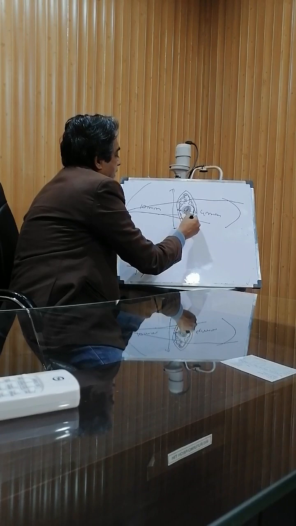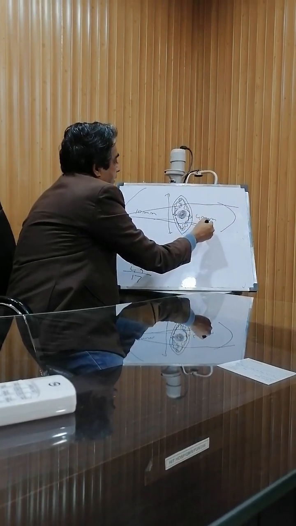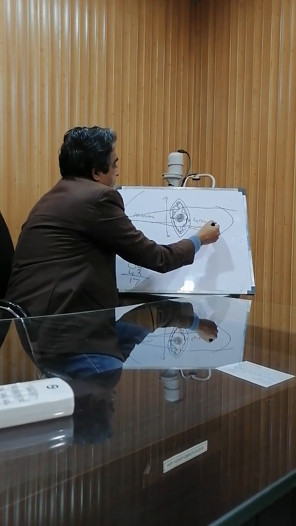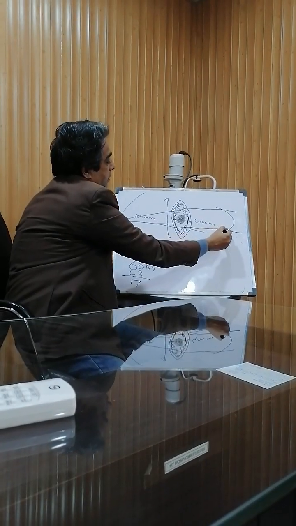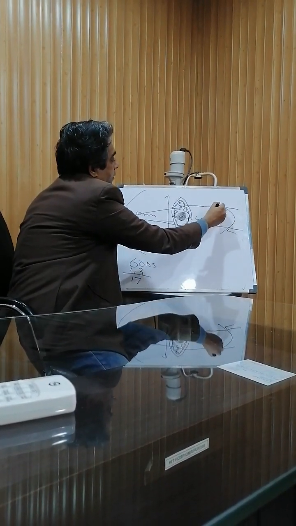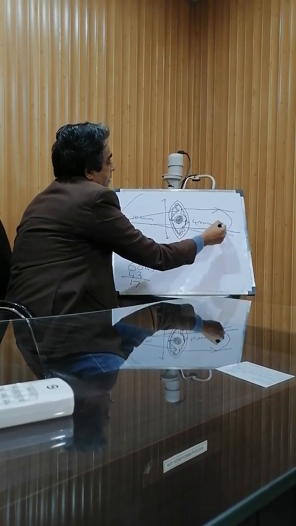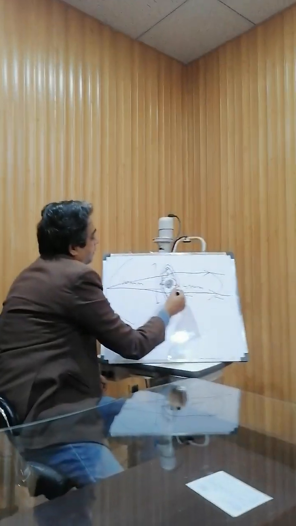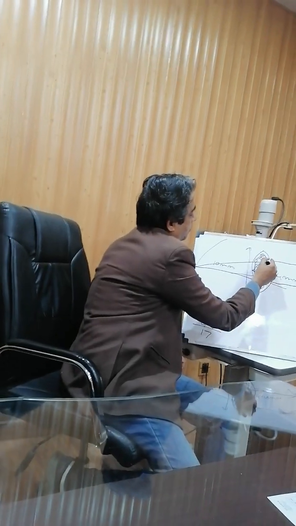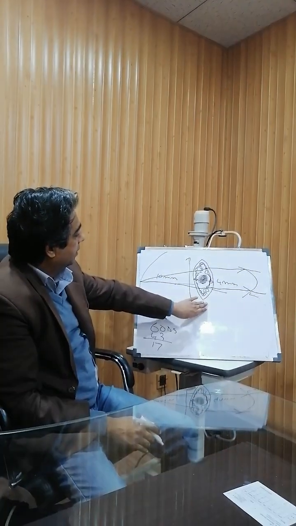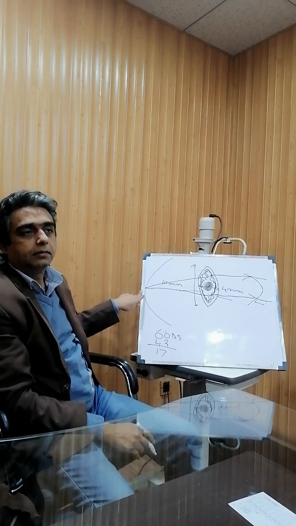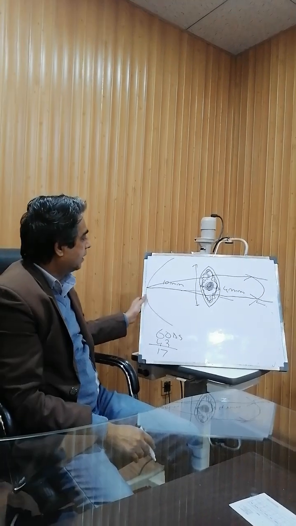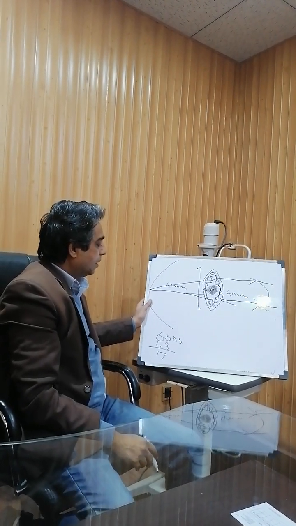Similarly, this lens converges, and this one convergence is at the, it should have been like this. It is more, and then a little lower from the lens. So cornea and the lens converge the light on the macula lutea. Understood? This is basically the anatomy of the eye.